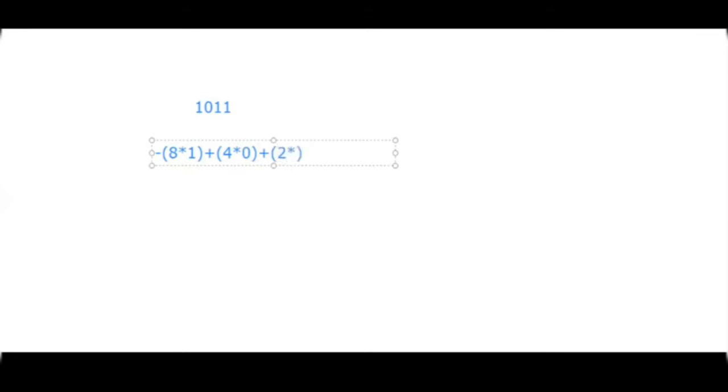The positional value is 2 for the next position, and 1 for the first position. So how much is it all together? -8 plus 0 plus 2 plus 1. 2 plus 1 is 3. -8 plus 3 is -5.